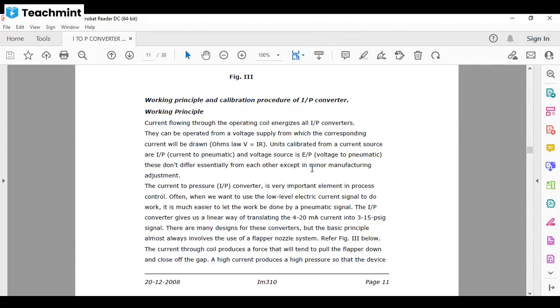These are current to pneumatic, I to P, and the voltage source is E/P, meaning voltage to pneumatic. And these do not differ essentially from each other except in minor manufacturing details.